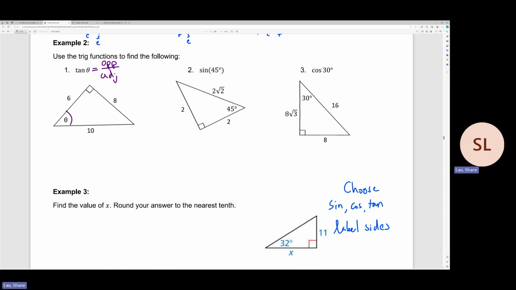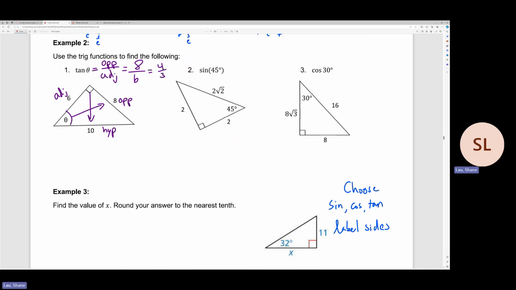So if I have theta right here, my opposite is 8, and my adjacent is going to be 6 because 10 is my largest. And so I get 8 over 6, which can reduce down to 4 over 3. Okay. And again, we know this because 10 is our hypotenuse, because it's the opposite side of our 90 degrees.